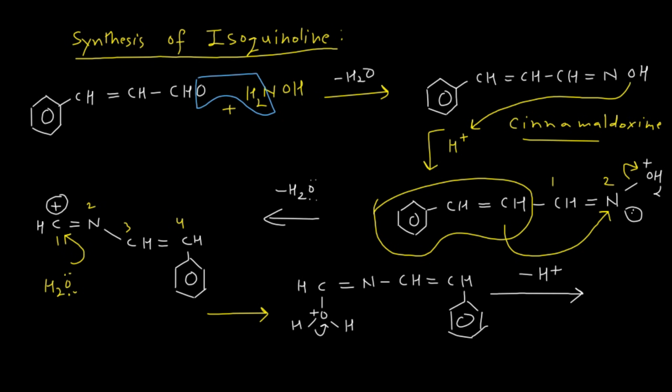So in the next part I'll write this enol form. Say this is CH and this is double bond nitrogen. Since it is an enol form, it will have OH now, no problem in that. And this is your CH, double bond CH, and that will have this system, right?